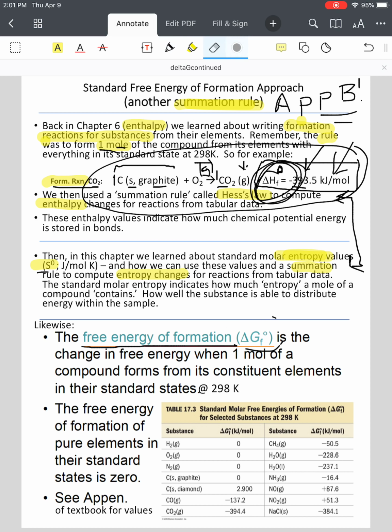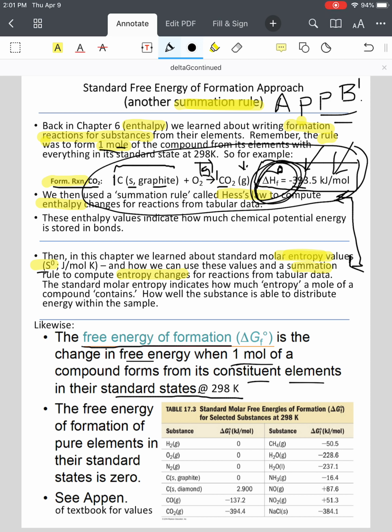So how can I define what this Gibbs free energy of formation actually is, okay? Well, delta G0F is defined as the change in free energy, Gibbs free energy, when 1 mole of a compound forms from its constituent elements in their standard states at standard temperature.